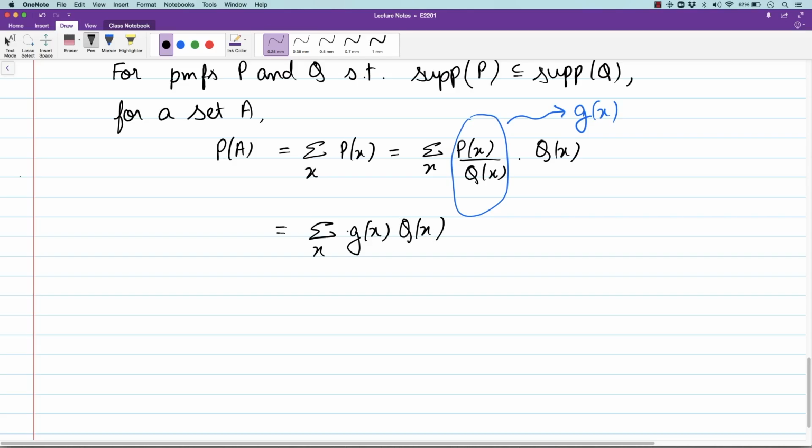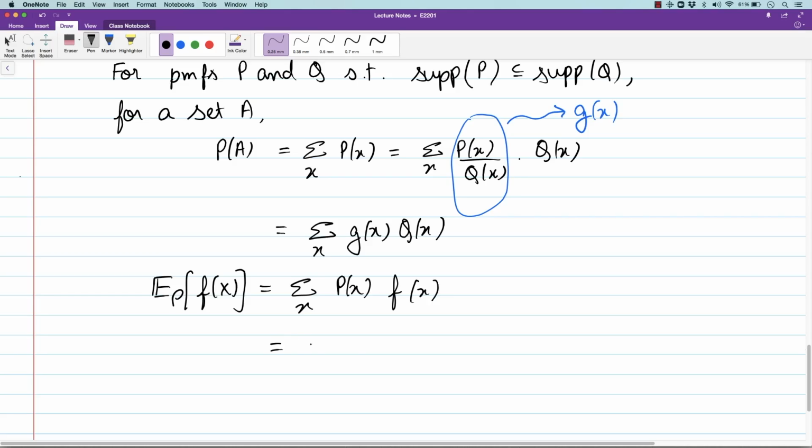In fact, by the same calculation, the expected value over P of some function f of x is equal to summation over x P(x) f(x).